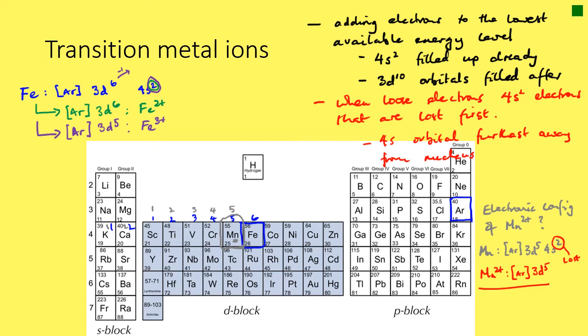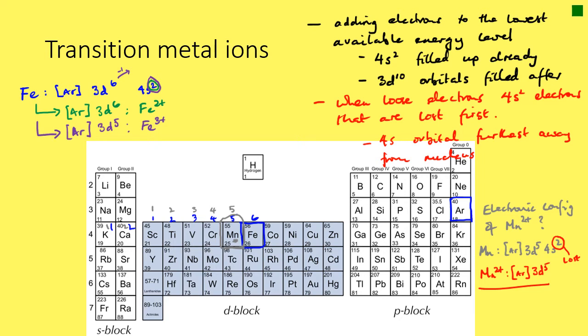So iron is argon, first of all, and then let's put 4s up here. So it's 4s1, 4s2 for our potassium and our calcium. And then it is 3D, 1, 2, 3, 4, 5, 6. 3D6, 4s2.